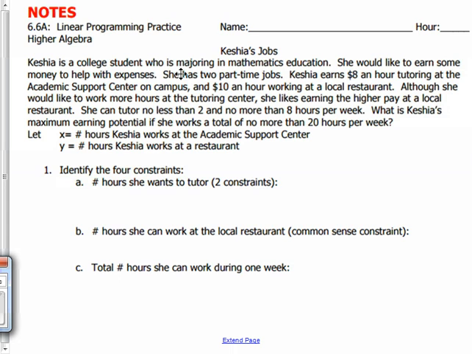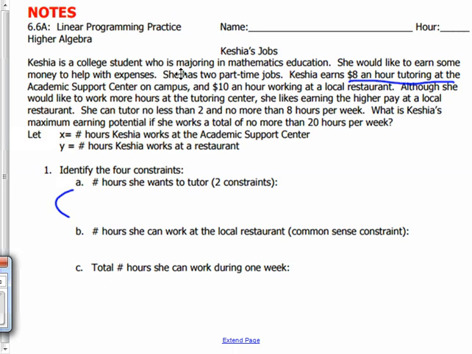So X is the tutoring and Y is the restaurant hours. And it's $8 an hour tutoring. So here it is. I'm sorry, I shouldn't have started with $8 an hour. It's actually asking me for the hours she wants to tutor. All right, I've got to look through the problem and try to figure out where that says that. Although she would like to work more hours at the tutoring center, she likes to earn the higher pay at the local restaurant.